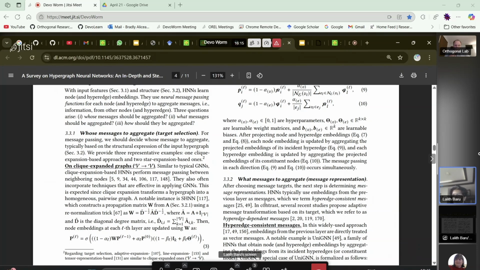When we say message representation, what we mean is, once we give this to a hypergraph neural network, it tries to understand the connection between, say, 3 tissues in the first layer, maybe 5 in the next layer, and it aggregates the information in the third layer.